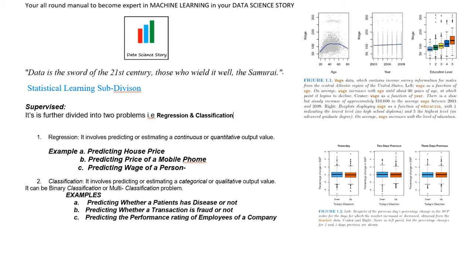Some examples of classification problems are predicting whether a particular transaction is fraud or not, or predicting the performance rating of employees of a company. Predicting the performance rating is a classic example of a multi-class problem, because you may have more than two categories that you want to predict.